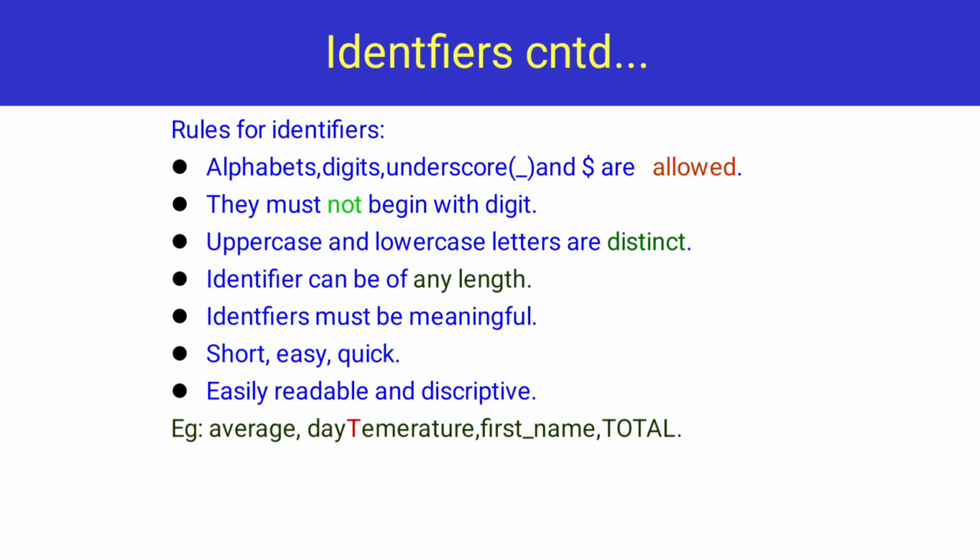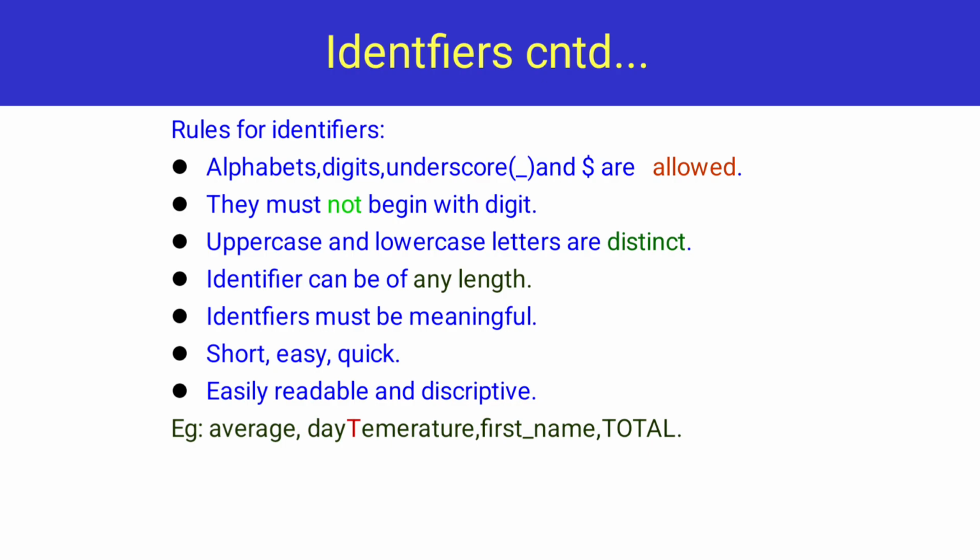The next one is short, easy, and quick. Another important rule is that it should be easily readable and descriptive. And the most important rule is that keywords are not used as identifiers.